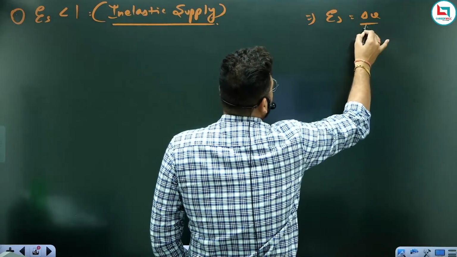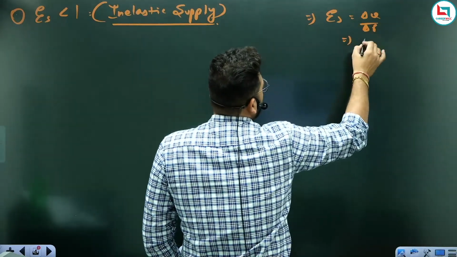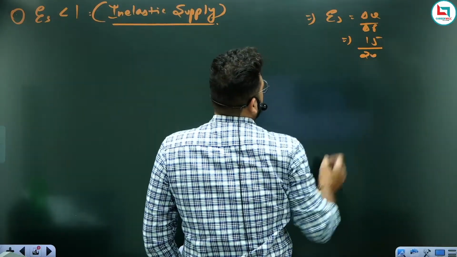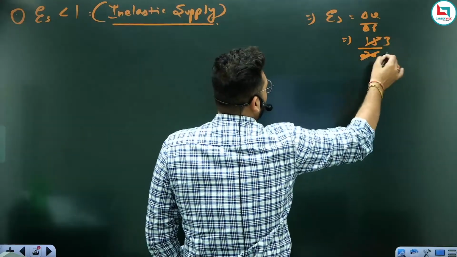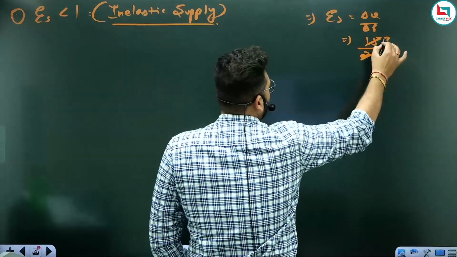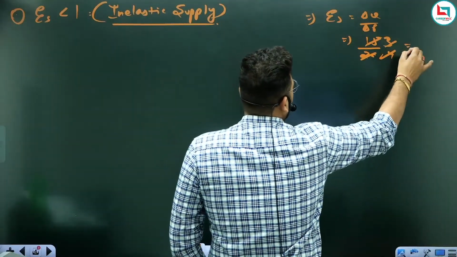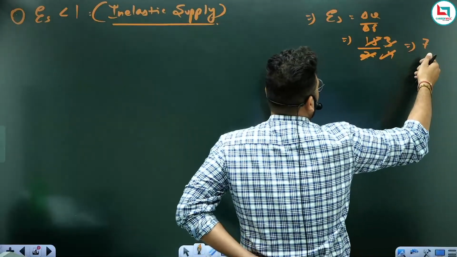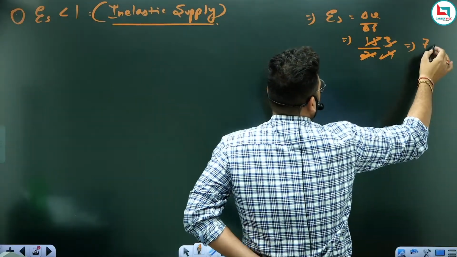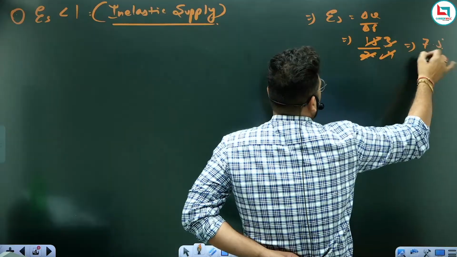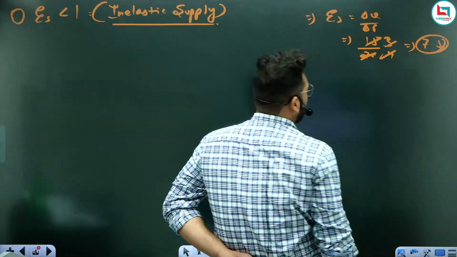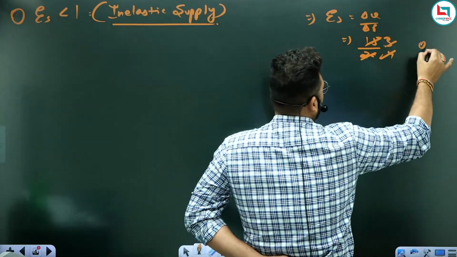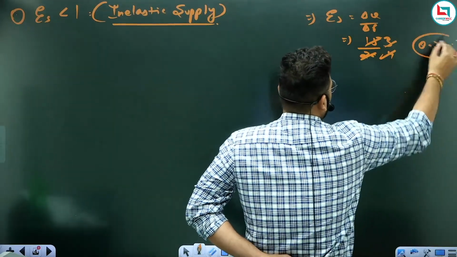You can also answer like this: Es equals percentage change in quantity supplied upon percentage change in price. Here quantity is changing 15% and price is changing 20%. What will you get? 0.75, right?